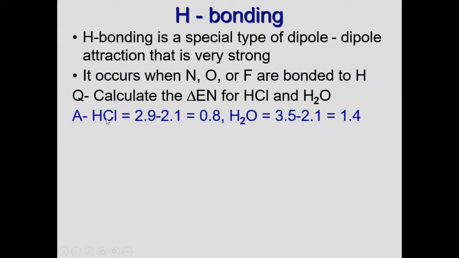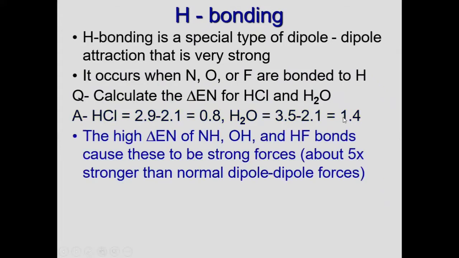Chlorine is 2.9, hydrogen is 2.1. So it is 0.8. In water, 3.5 minus 2.1, 3.5 for oxygen and 2.1 for hydrogen, is equal to 1.4.